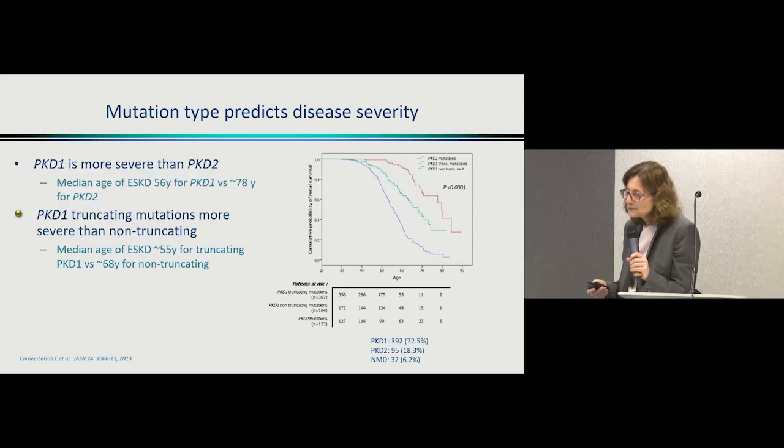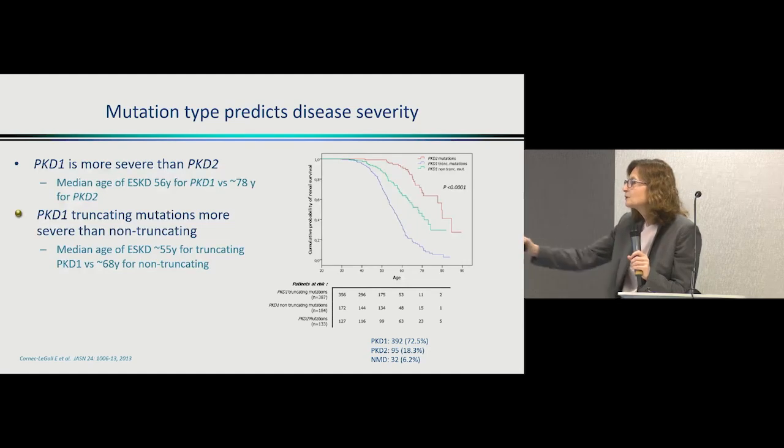As a clinician, you know, you're going to probably take a family history, and one thing that you will notice is that those individuals with PKD1 mutations tend to have more severe PKD compared with those with PKD2, and a lot of people have looked at this. You can see in the chart there, the red is the cumulative probability of renal survival in those individuals with PKD2.